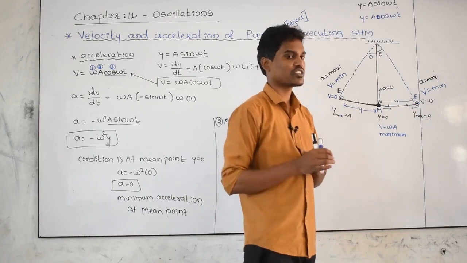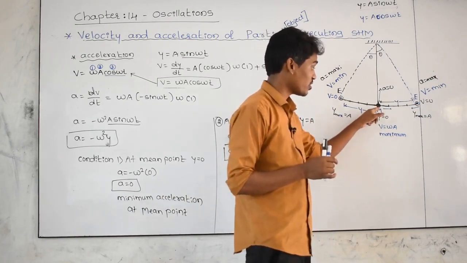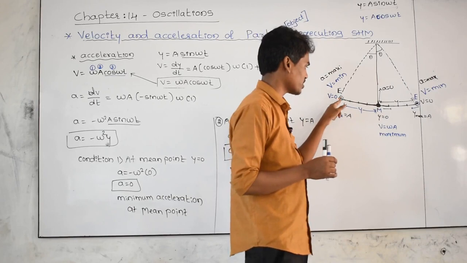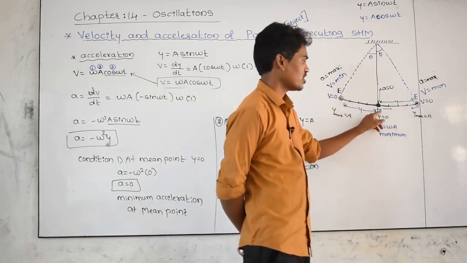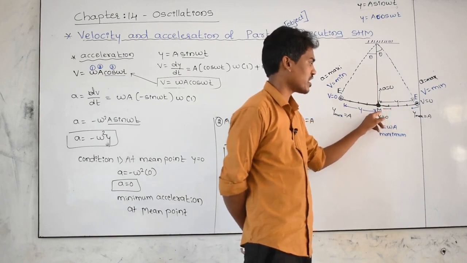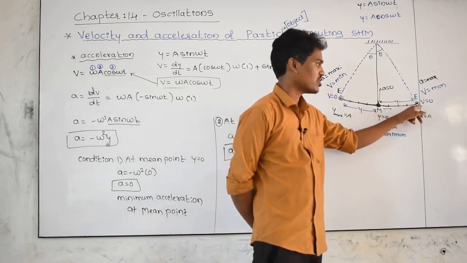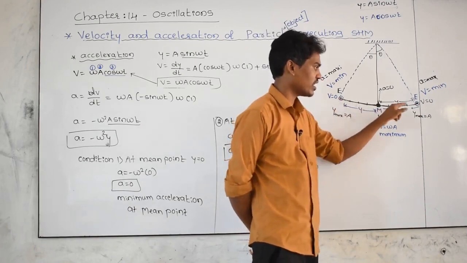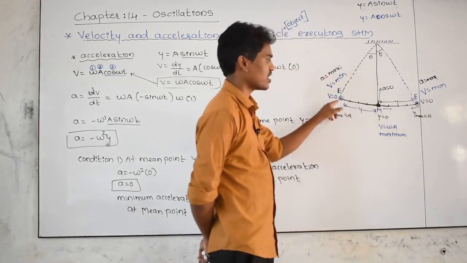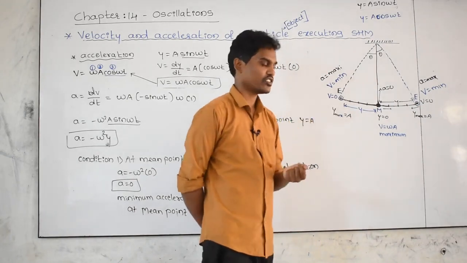And coming to the acceleration, it is 0 here, but acceleration is maximum here. Here velocity 0, here velocity maximum, here velocity 0, here velocity 0. Here acceleration 0, here acceleration maximum, here acceleration maximum, vice versa condition.